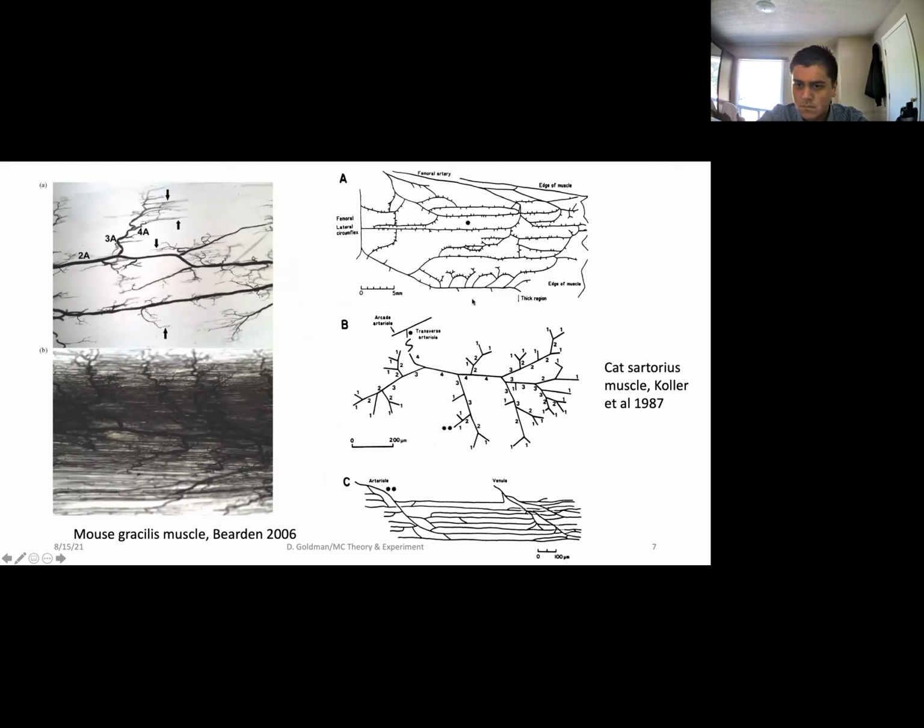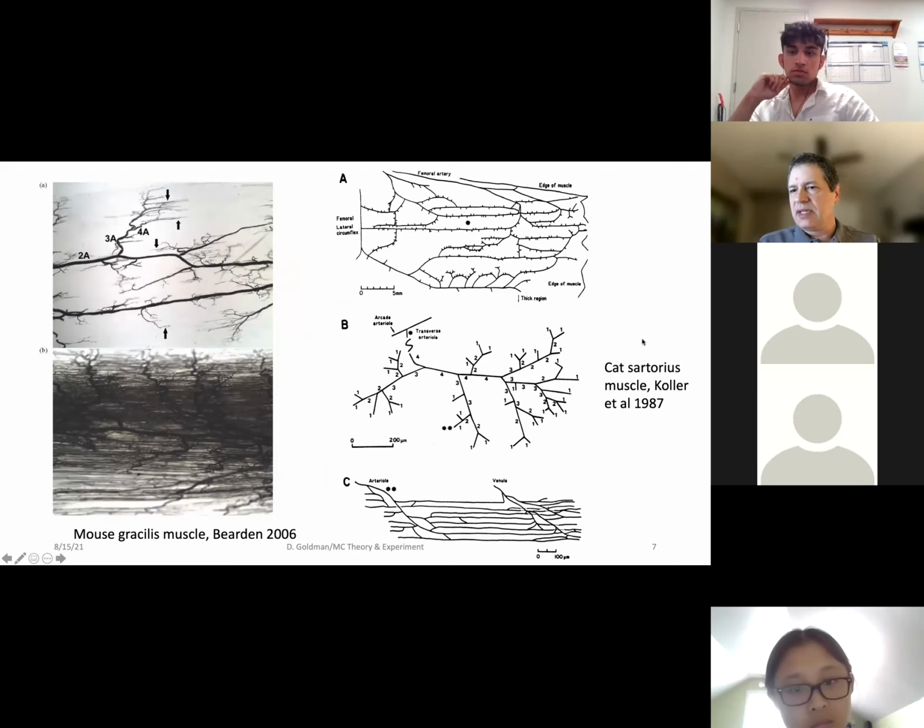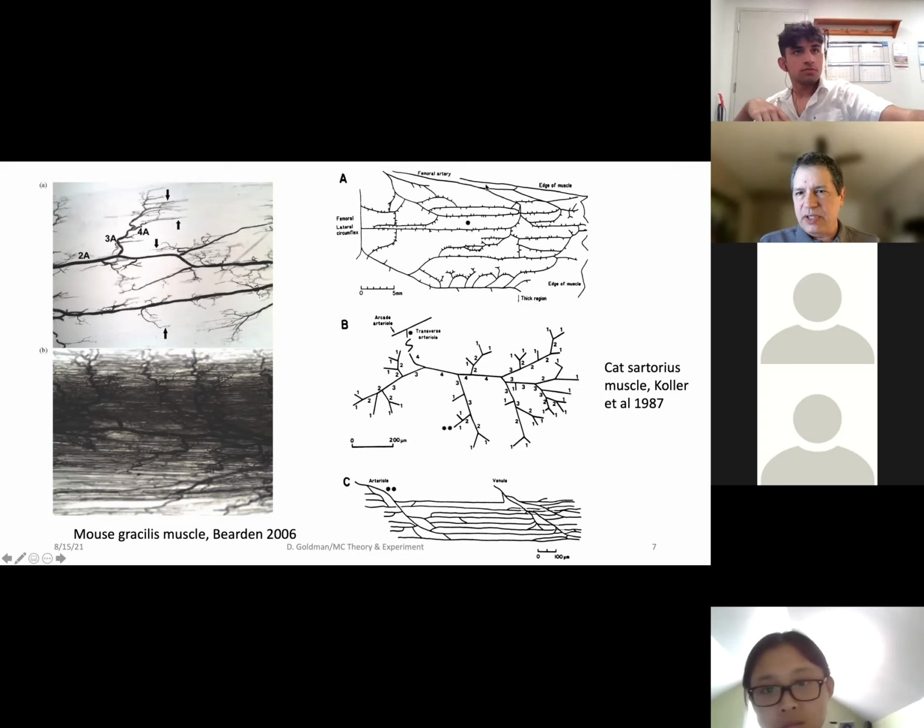And then over here, what's shown is from the cat sartorius muscle. There are different levels here. This basically is larger arterioles or maybe very small arteries. It has a structure something like this. Then branching off this, which you could call an arcade, are these branching networks of arterioles that I'll talk about later.